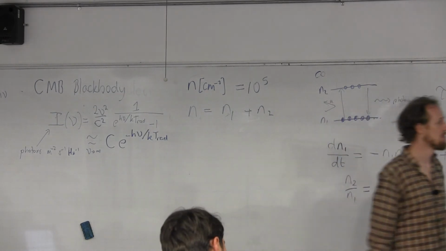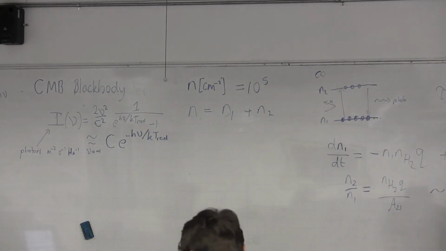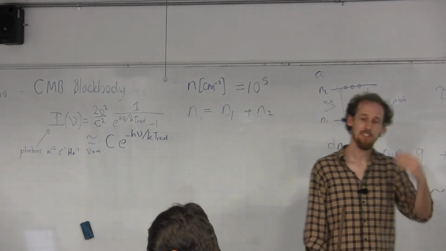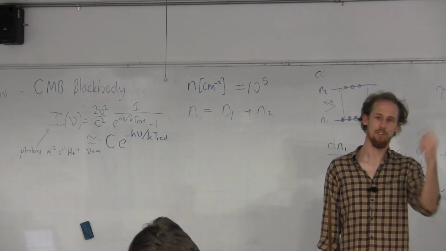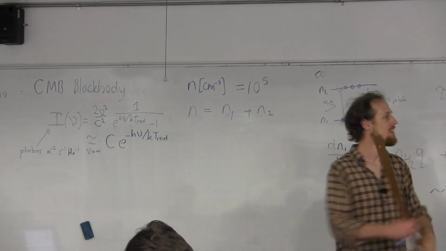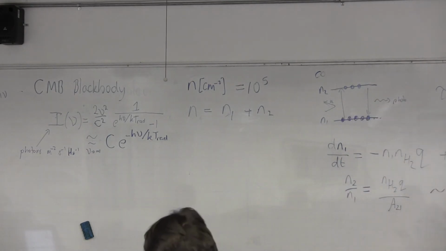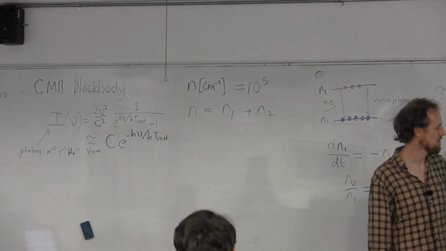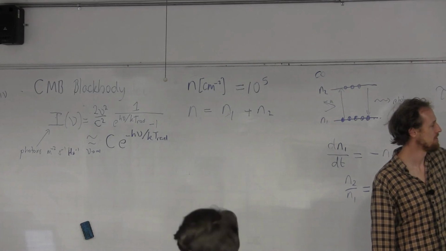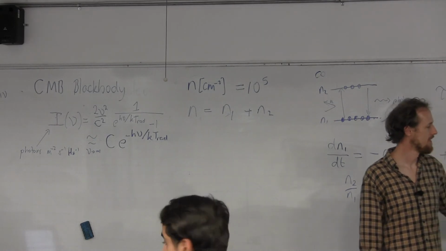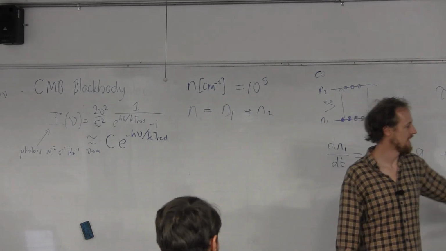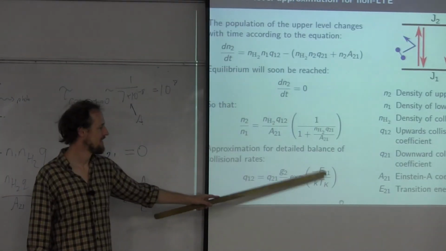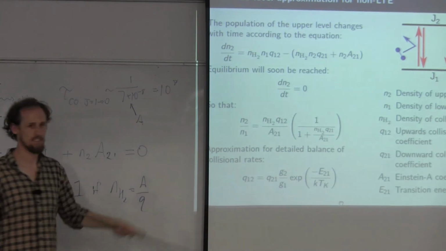There's one problem, however, which is that the Q factor I showed you before was telling you the quantum mechanical rate at which a collision with an H2 molecule will push a particle upwards. Now we want to know the rate for collisions pushing particles upwards and downwards. It turns out those 2 rates, the particle going up from 1 to 2, and 2 to 1, are in equilibrium depending on the kinetic temperature, the energy of the 2 levels, and the degeneracies.